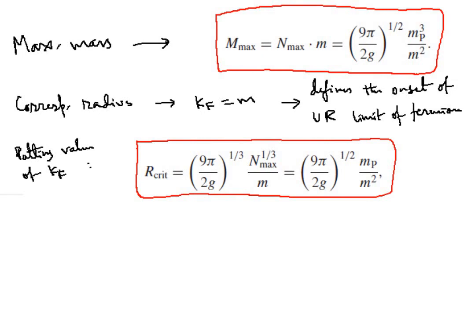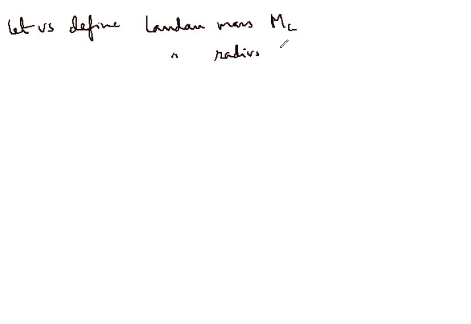Fine. Now let us define the Landau mass ml and correspondingly the Landau radius RL by these values. ml is equal to mp cube divided by m square, and RL is equal to mp divided by m square.